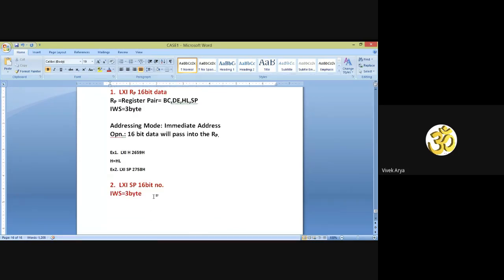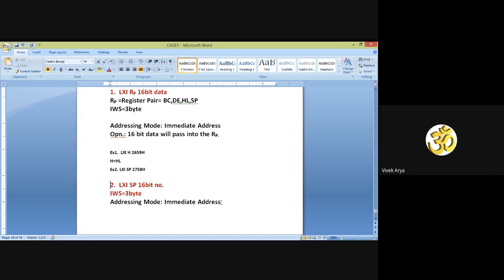What will happen after the execution of this instruction? This 16-bit data is immediately transferred to the stack pointer. Exactly. And the addressing mode is immediate. So this is all about the second instruction.